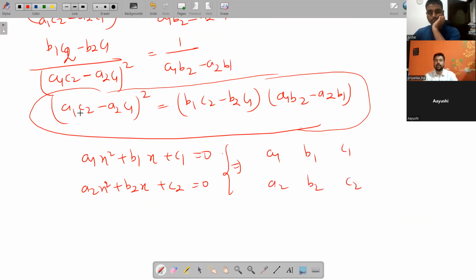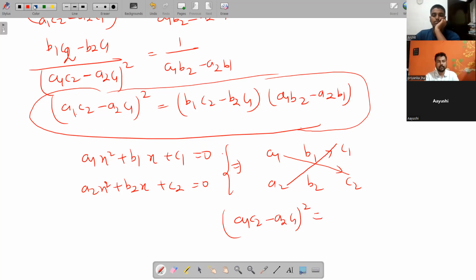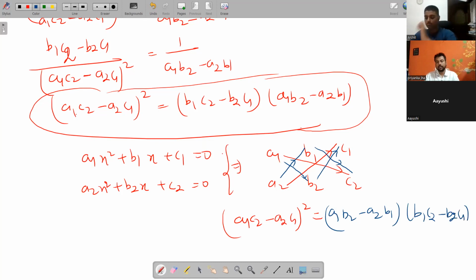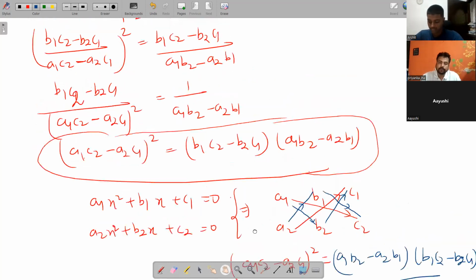The longer diagonal is a1 c2 minus a2 c1, whole squared, and then the smaller diagonal a1 b2 minus a2 b1, and then b1 c2 and b2 c1. That's how you can remember. And this is the condition of one common root. Understood? Note it down.